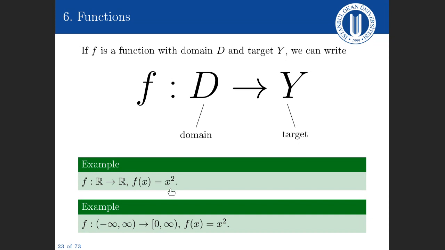Or a different function, the function f, which maps from the open interval from minus infinity to infinity, that's just the same as the real numbers, to the target closed interval from 0 to infinity, with the same formula, f of x is x squared. These two functions are different because they have different targets.